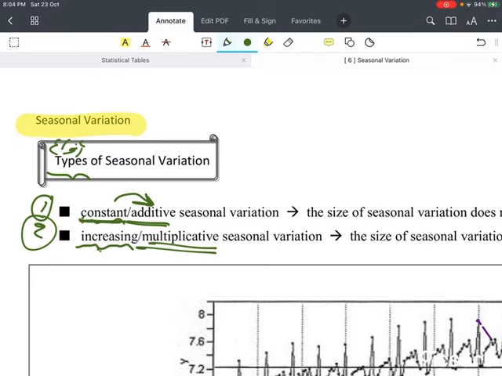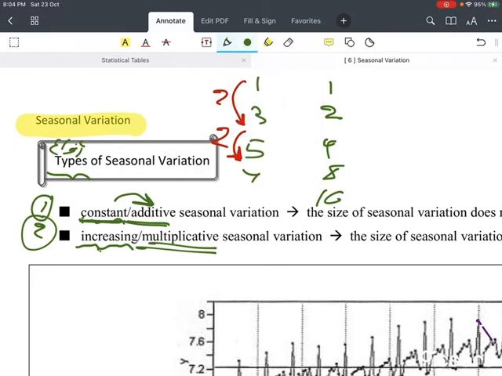How do we know its type? To differentiate between them, we consider them as patterns. For example, if we have the pattern 1, then 3, then 5, or we have 1, 2, 4, 8, 16. Here from 1 to 3, by how much did it increase? By 2. And from 3 to 5, it also increased by 2.